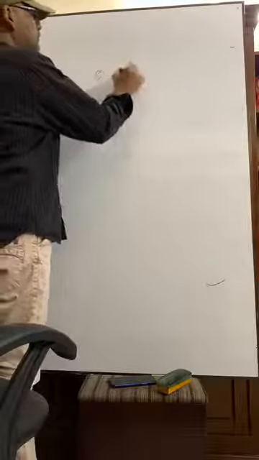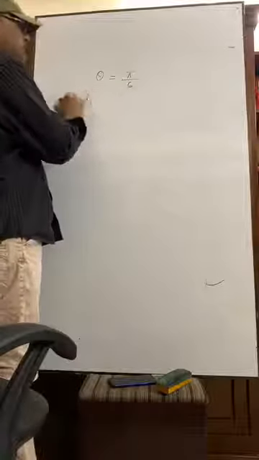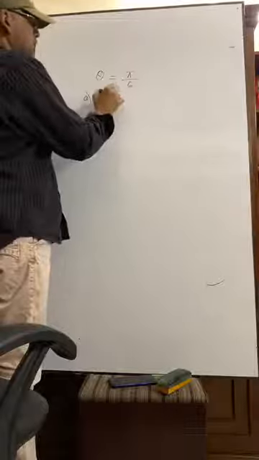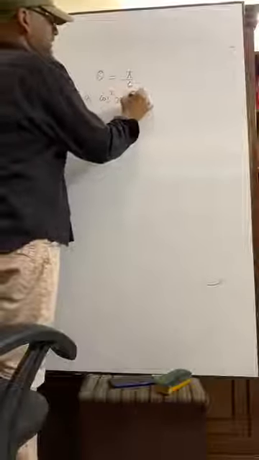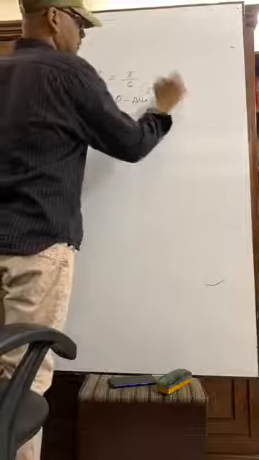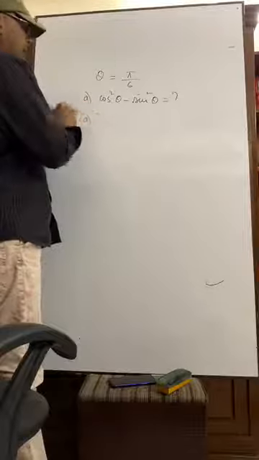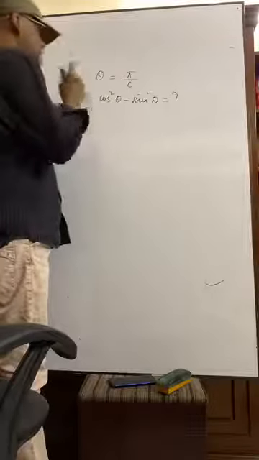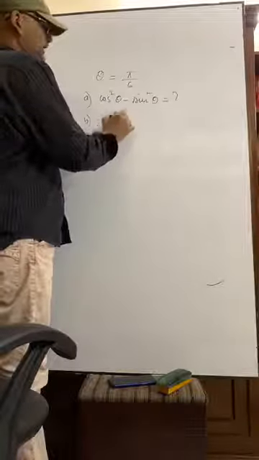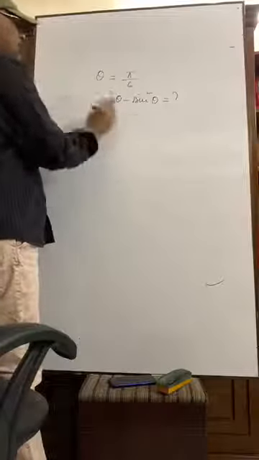Theta equals pi by 6. Question number 8. Cos square theta minus sin square theta equals what?